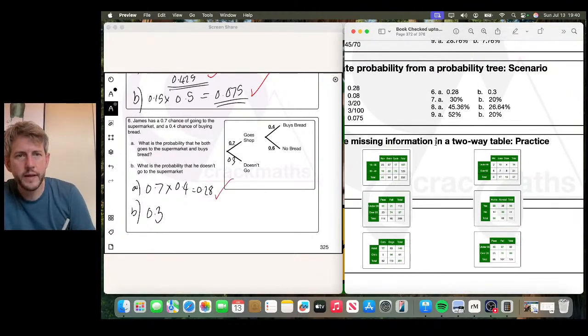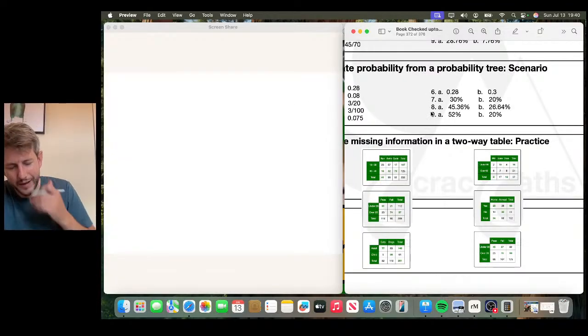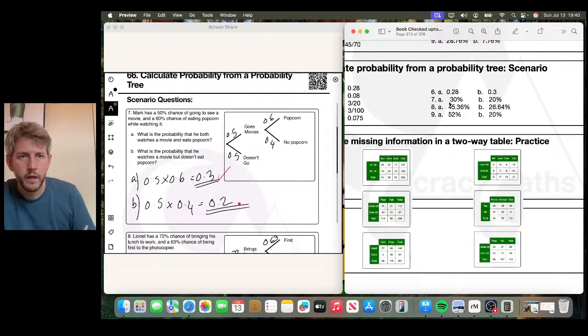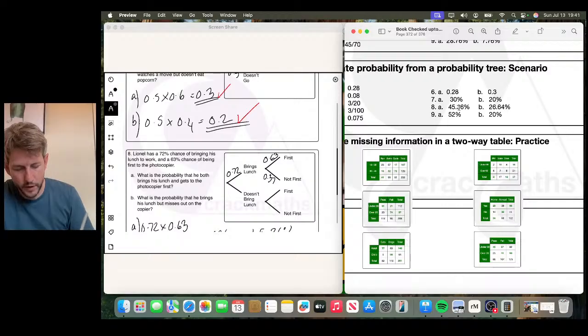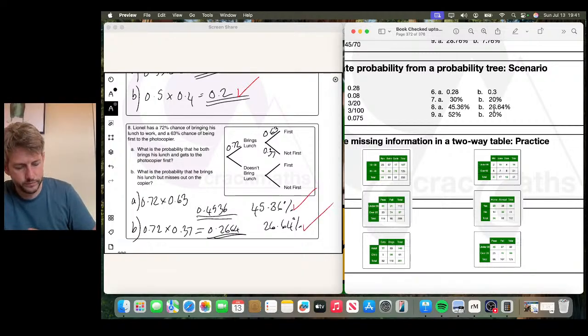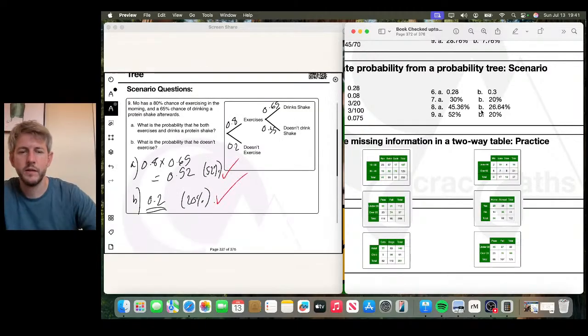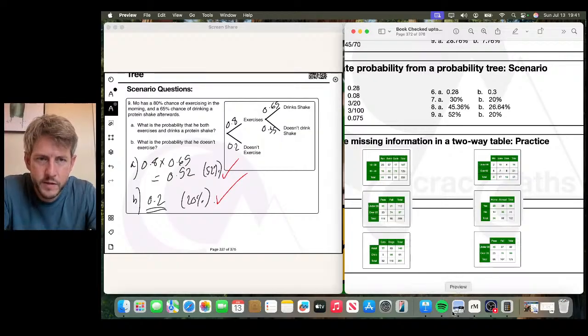So 0.28, yep. 0.3. 30%, oh yeah. Yep. And 20%, yep, that's what these are. I'll do them all in one go at the end. 45.36%, yep. 26.64%. 52% and 20%. Okay, so let's fix those.